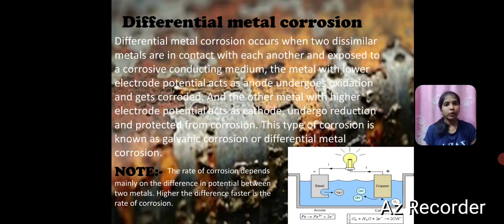This type of corrosion is known as galvanic corrosion or differential metal corrosion. You can refer to the diagram below. Also an important note, the rate of corrosion depends mainly on the difference in potential between the two metals. Higher the difference, faster is the rate of corrosion.